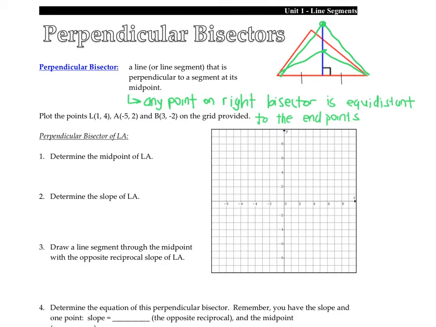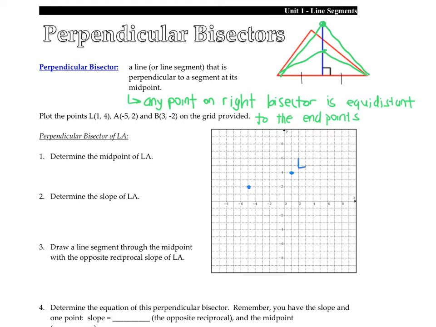But first things first, we have to figure out how to find the equation of that perpendicular bisector. So let's first plot the points L, A, and B on the grid provided. So I have (1, 4) right over there, (-5, 2) right over there.